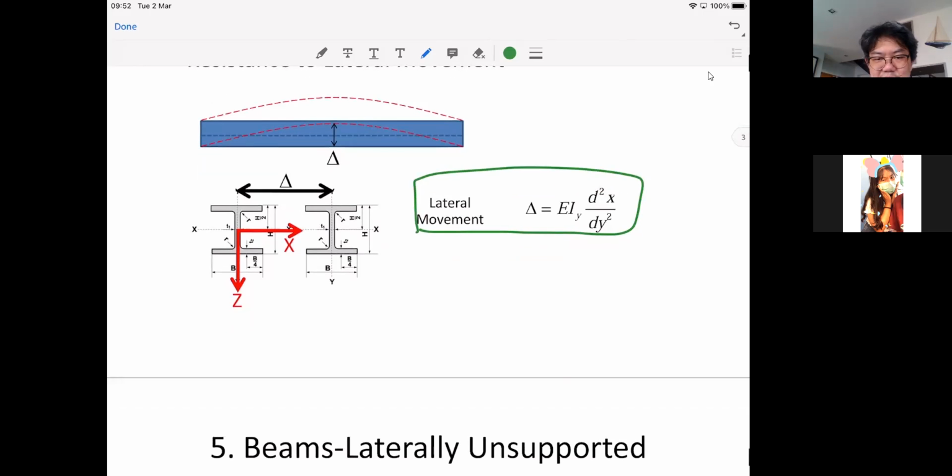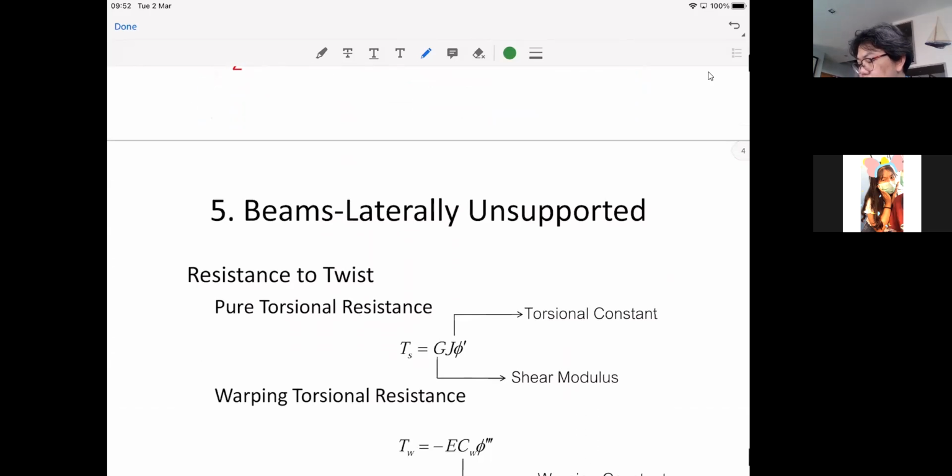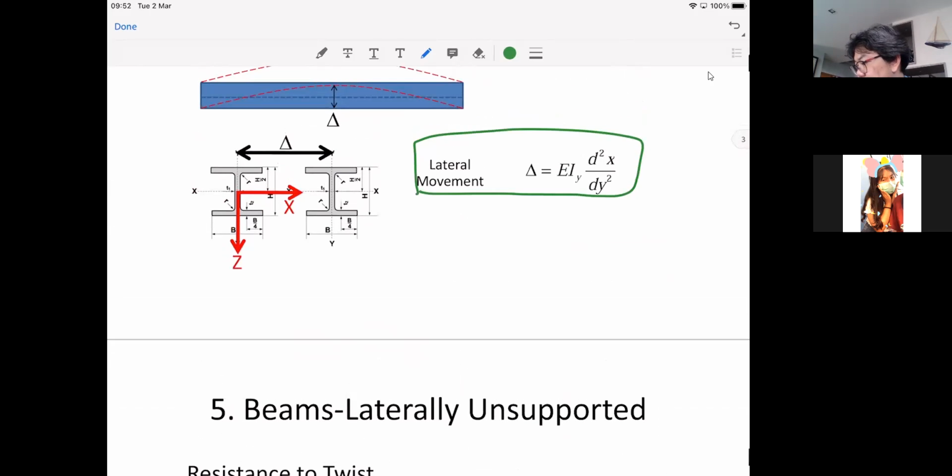You need the graduate level. And this is the typical deflection formula that you can get from double integration or something like that. But remember that our deflection is in the horizontal direction, not vertical, okay?